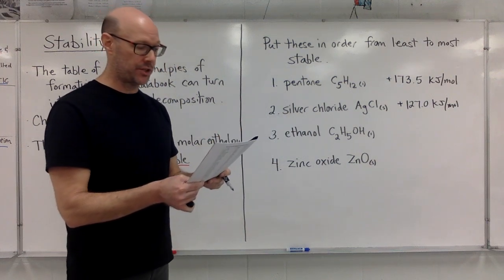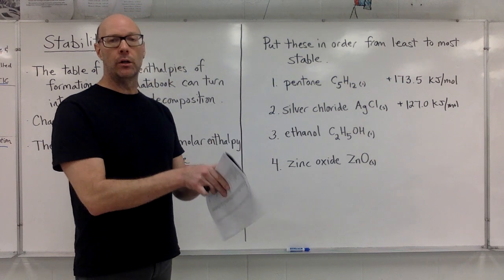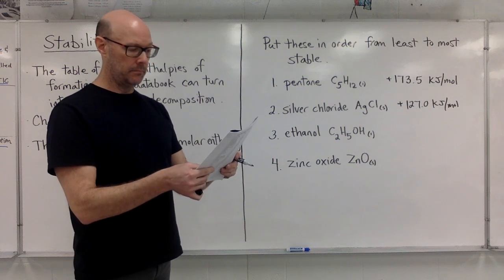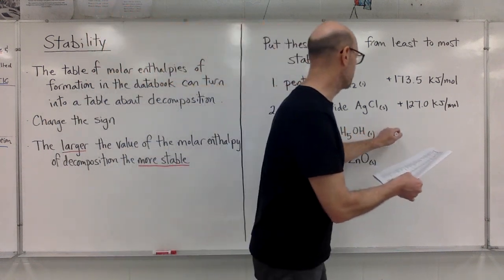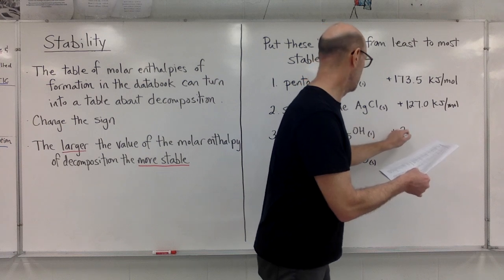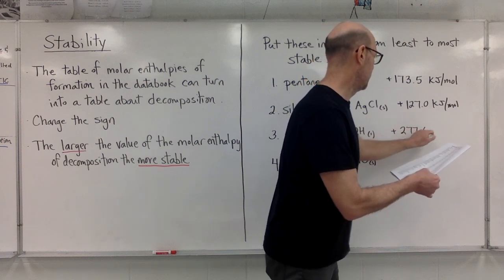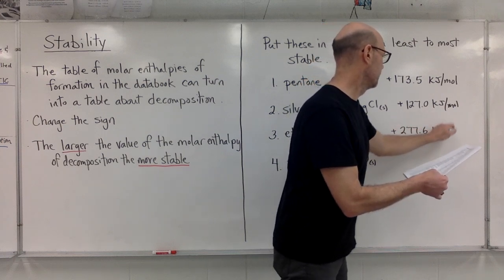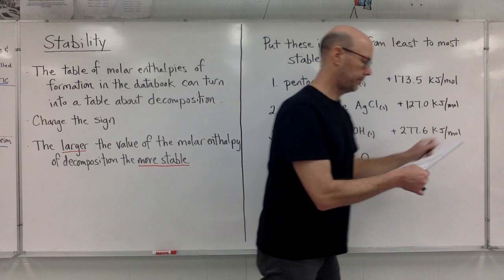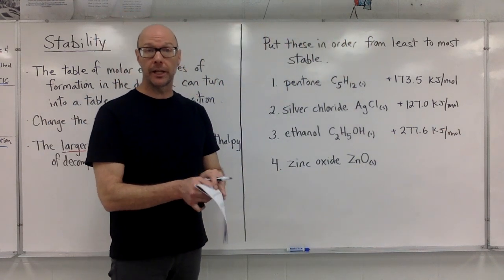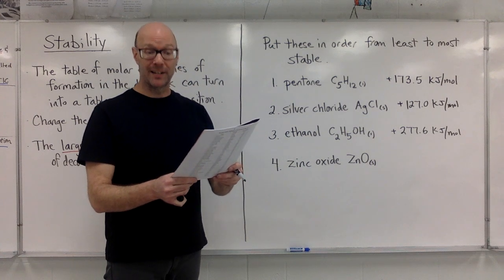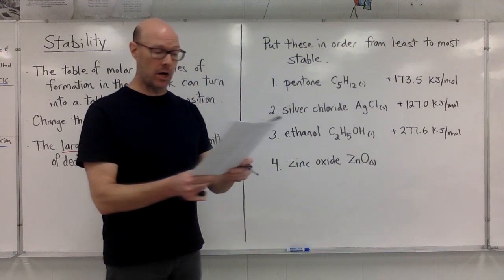I changed the sign. Ethanol. I find it and change the sign. Becomes positive 277.6. And finally, zinc oxide. Look it up. Don't forget to change the sign. Zinc oxide.